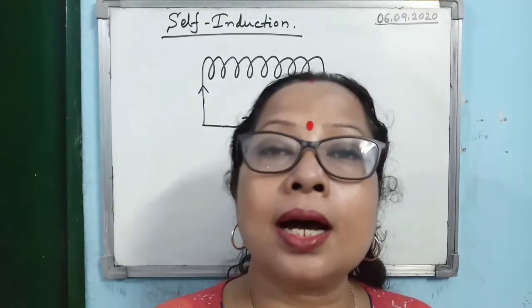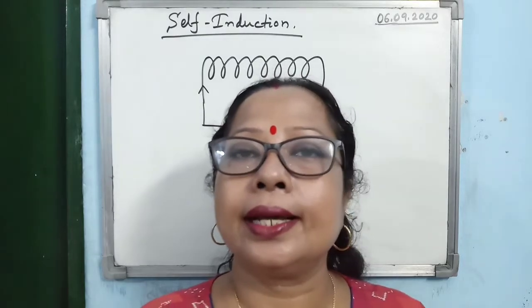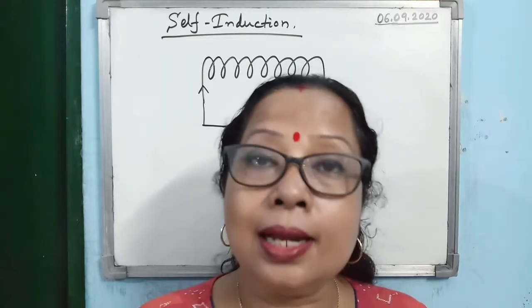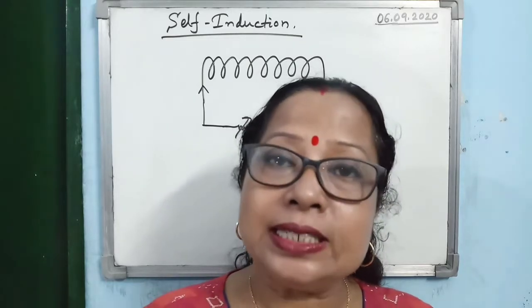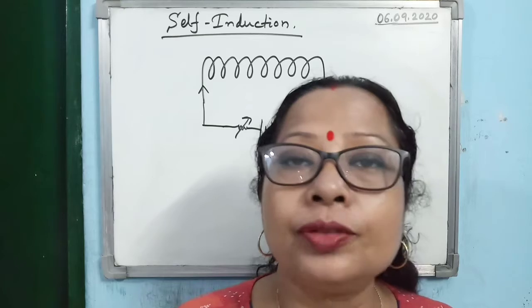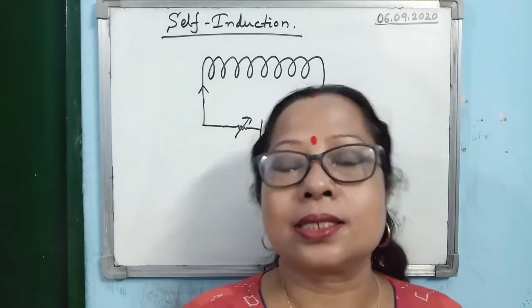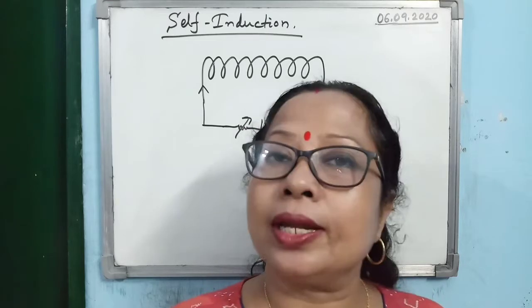What is the cause? The cause is that current is growing in the circuit. So the induced current will delay the growth of the current in the circuit. This is known as self-induction.